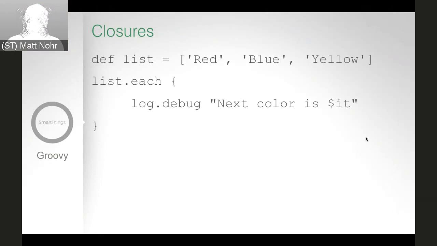It's kind of like a method that you can pass around. It's used a lot in these collections. You can pass it into a method, and this one is doing it right inline, but in this case, it will just print out all three colors one at a time. That's a whole other topic, but you'll probably see things like this, especially when you're dealing with maps and lists. So I just wanted to point it out so you at least know where to start.